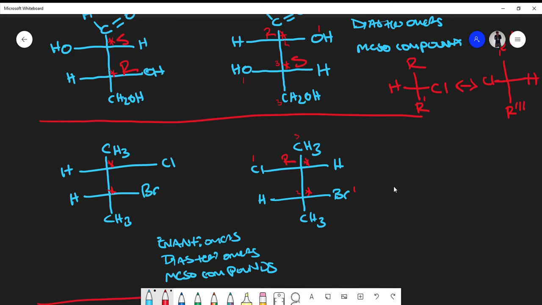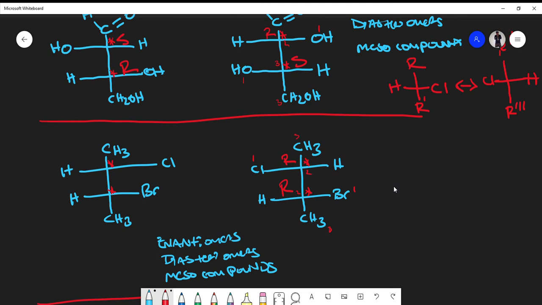Obviously, I don't have any choice here because the other three atoms are hydrogens, but the first atom that I would go to from here would be the chlorine. So this would get number 2, and this would be 3. So essentially, I'm going S, but remember, because we're in Fischer projections, we take the opposite. So this is actually R.